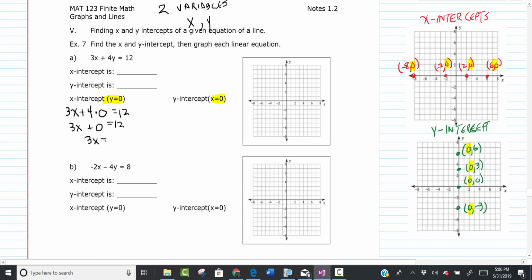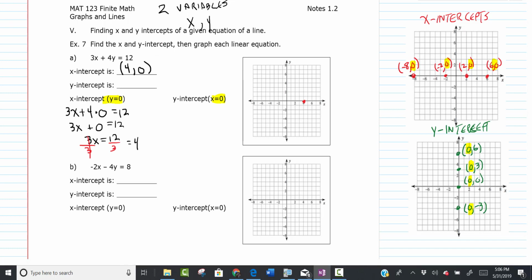So you get 3x equals 12, and then you solve by dividing both sides by 3. You get x is equal to 4. When you write an x-intercept, write it as a point. We found x to be 4 when y is 0. Then just plot that point. That is your x-intercept, on the x-axis.